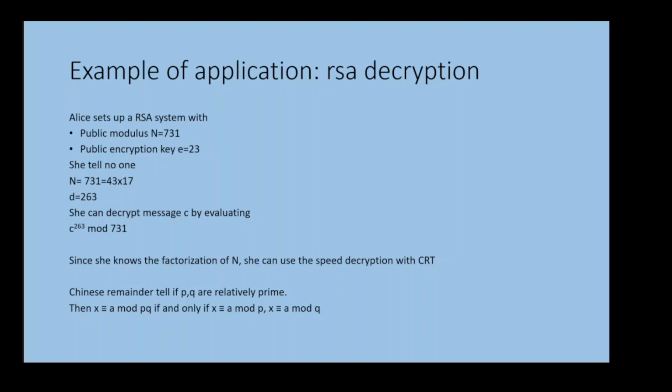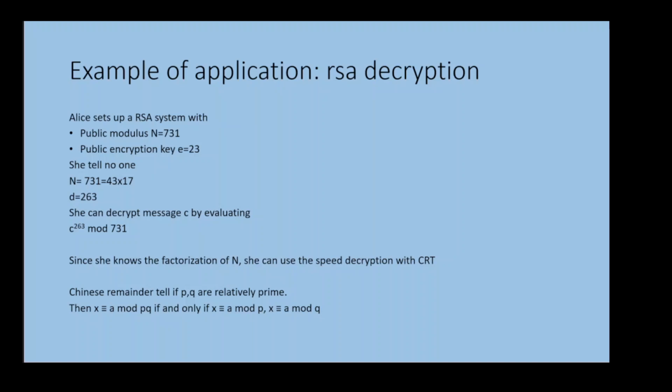Now we go to the application part of the Chinese Remainder Theorem, which is RSA decryption. Let's say Alice sets up an RSA system with public modulus N equal to 731 and a public encryption key E equal to 21.